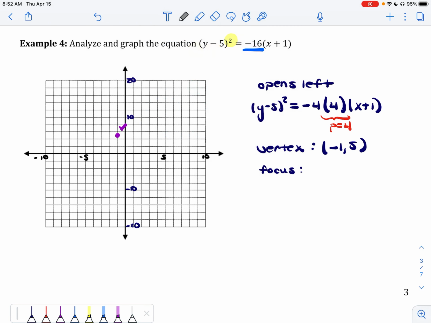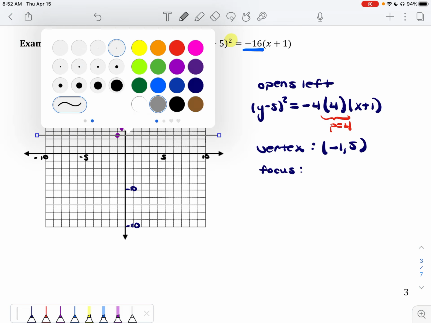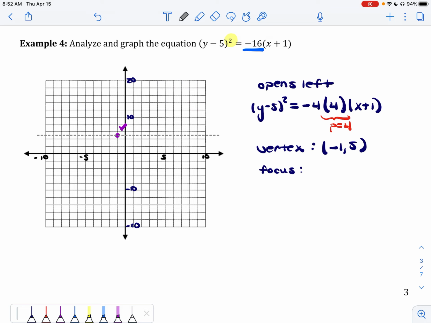Because keep in mind here that our axis of symmetry is the horizontal line that goes through the vertex here. So along that axis of symmetry to the left, so 1, 2, 3, 4 units left, and we'll have our focus. Okay, so that's going to be at the point -5, 5.